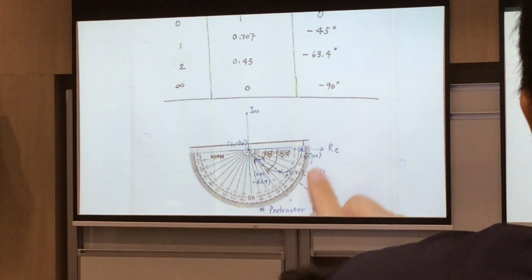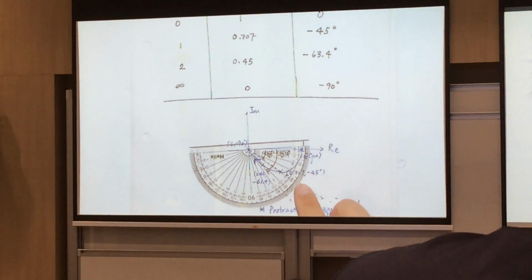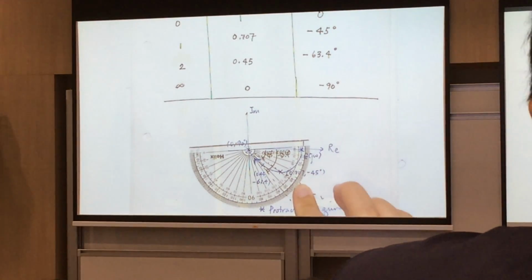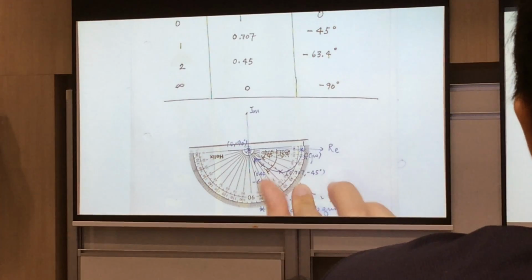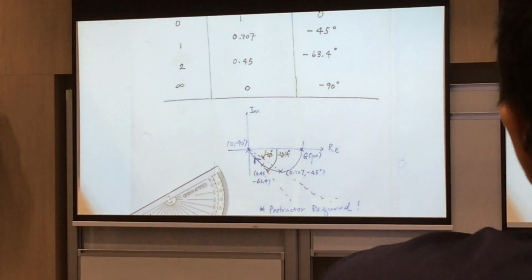Measure 45 degrees, put your mark with a dot, then use a ruler.